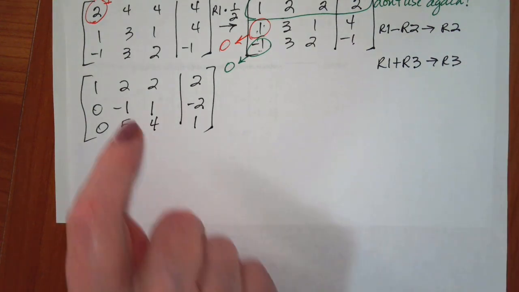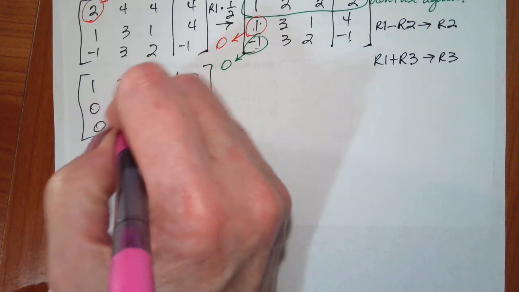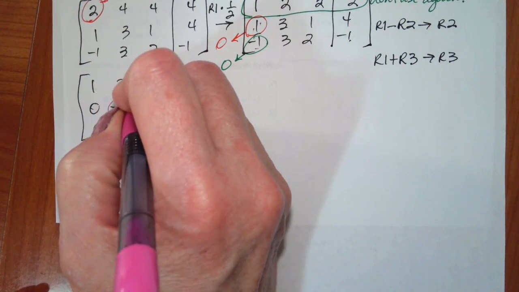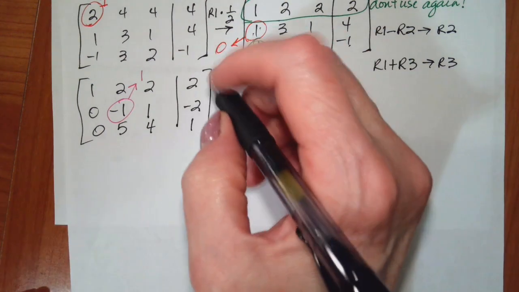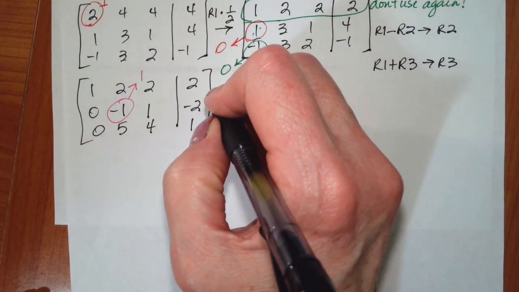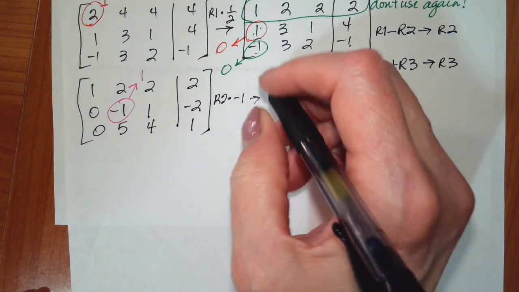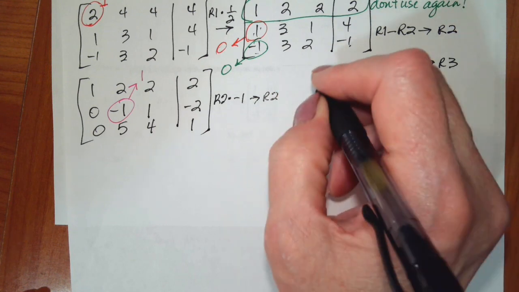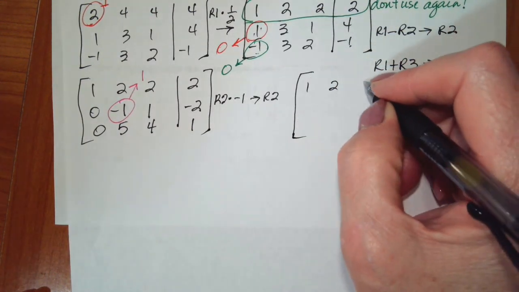Okay. So now my next thing that I want to do is turn this into a 1. I can do that simply by taking R2 times negative 1 into R2. Again, I'm leaving my top row alone.